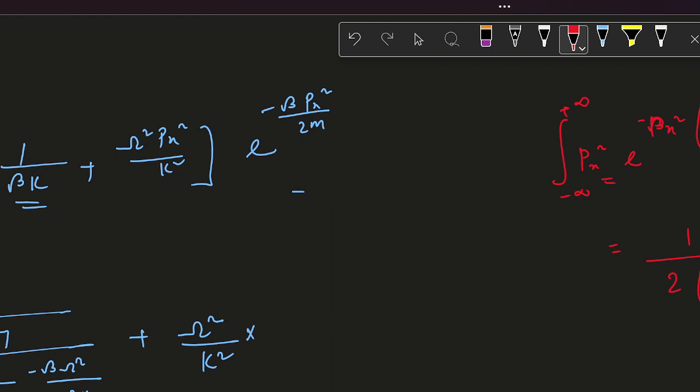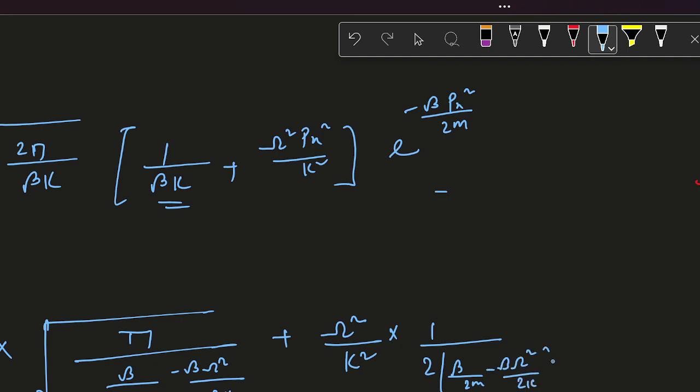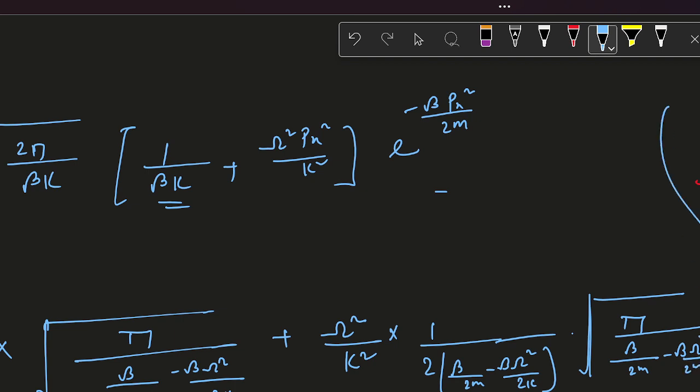So we'll just replace this value here in the second part of the solution. So this is just 1 by 2 times beta by twice m minus beta omega squared by twice k, root over 2 pi by beta by twice m minus beta omega squared by twice k. Okay, so this is done.